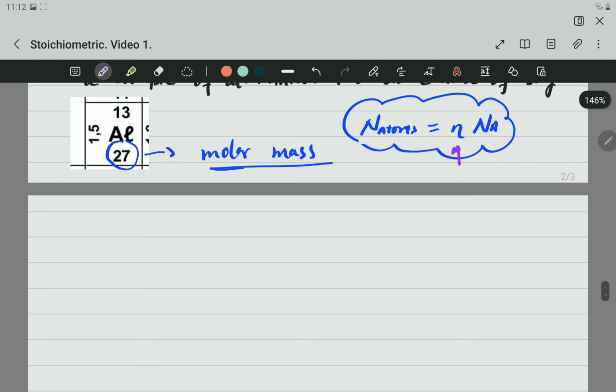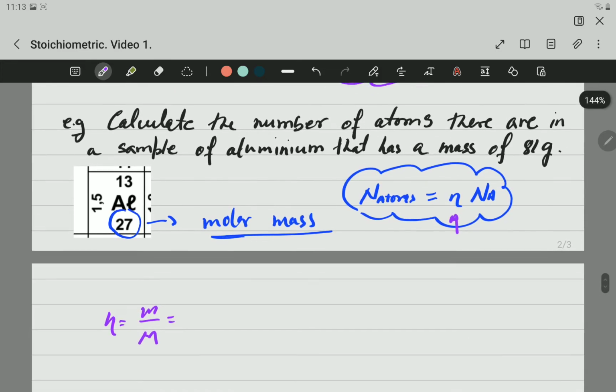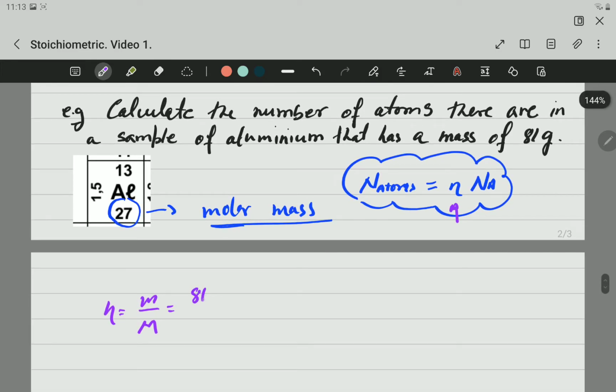Okay, now number of mole is equal to mass of the sample divided by the molar mass. The mass of the sample is 81 grams. The molar mass is going to be 27. So the answer here is 3 moles.